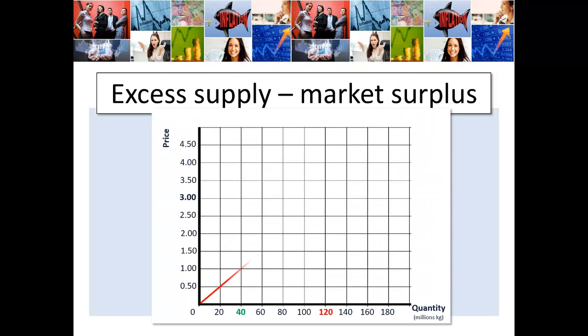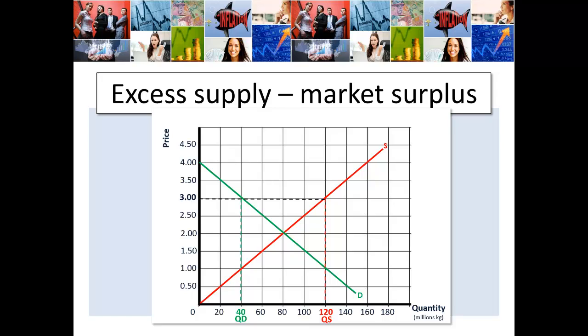Let's have a look at a situation where we do have a state of disequilibrium. The market is not in equilibrium, and in this case it's going to be excess supply, what we call a market surplus. We know that producers love higher prices. We know that consumers dislike higher prices.